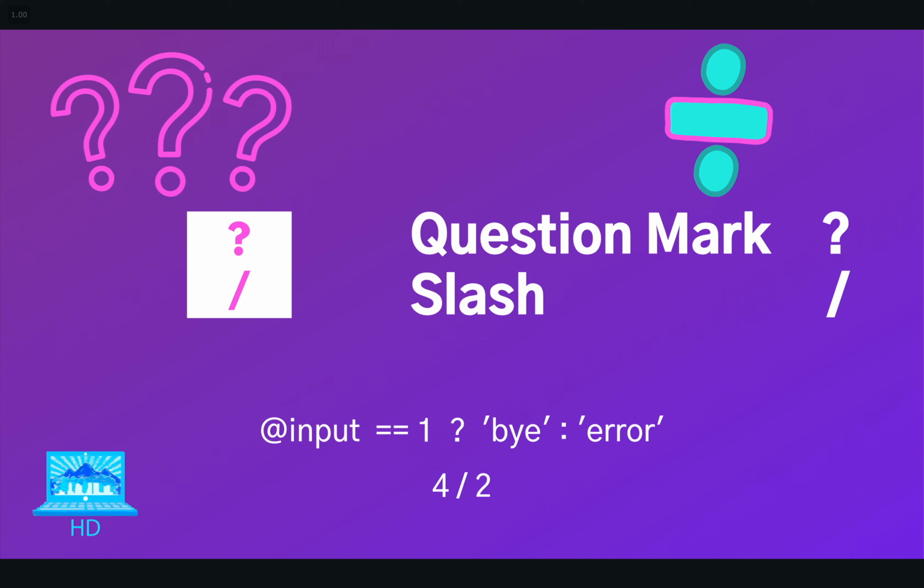With the ternary operator, you symbolize that you're starting a ternary with a question mark, and right by it, that is what happens when the expression is true. The slash itself, you may have to use inside of some sort of string or an operation with regex, but most likely you'll use it in some sort of division.